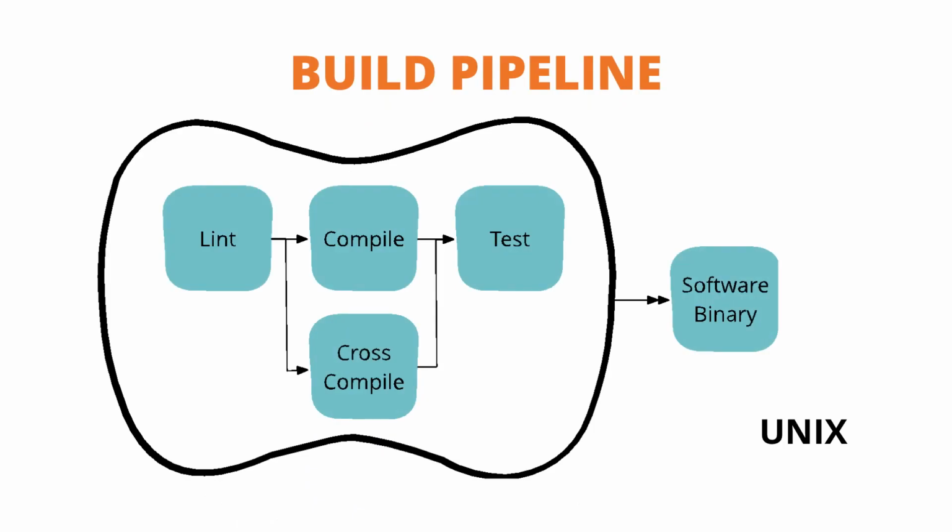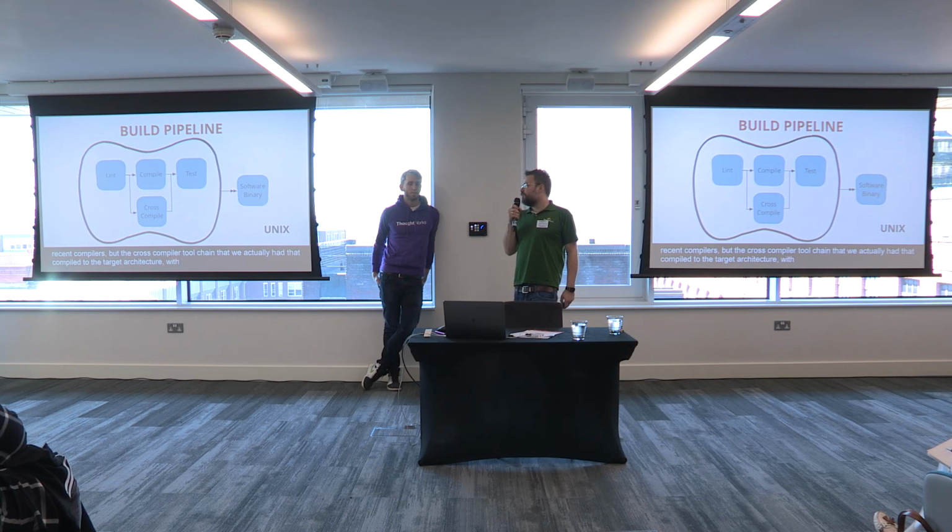One thing that we immediately added, though, was this cross-compile part that you now see at the bottom. Because we were using very recent compilers, but the cross-compile toolchain that we actually had, that compiled to the target architecture, the ARM Cortex-M4, was slightly older.